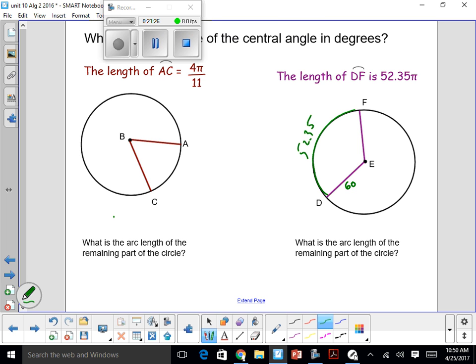Let me put down some easy numbers so you understand the concept. If the total circle was 10 centimeters, and DF, I'm making up a problem.